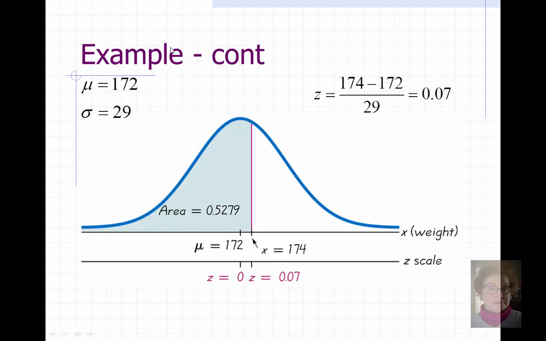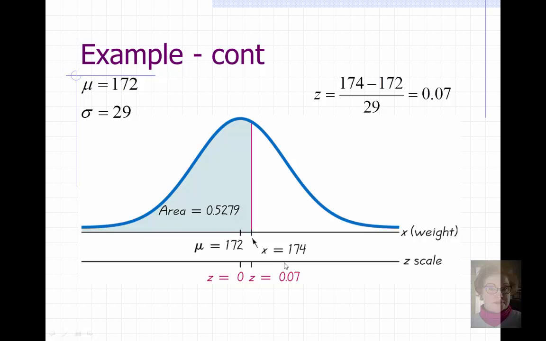So what we're going to do is take our score, 174. We're going to subtract the mean and divide by the standard deviation. So we get a standard score of 0.07. Here you can see the sketch. You see the mean, you see the weight that we're interested in, and you can see how it's been standardized with a z-scale.